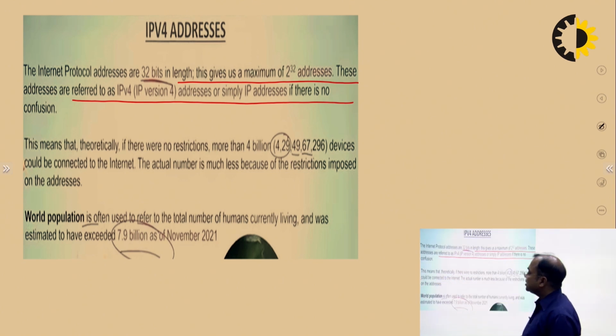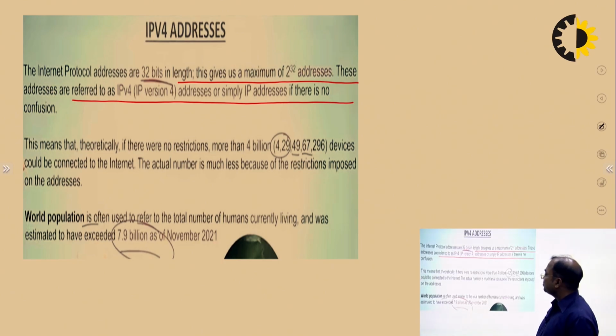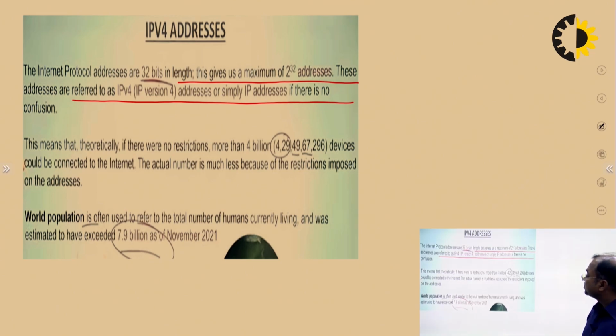So this means that theoretically, if there were no restrictions, more than 4 billion, or 4 billion 294 million 967 thousand, devices could be connected to the internet. The actual number is much less because of the restrictions imposed on the addresses.